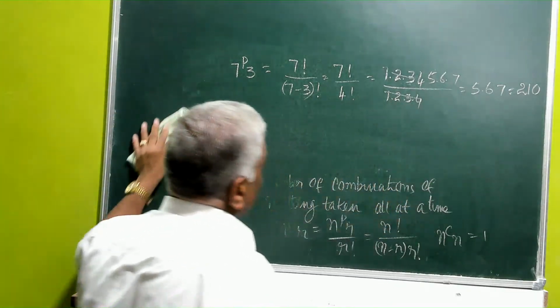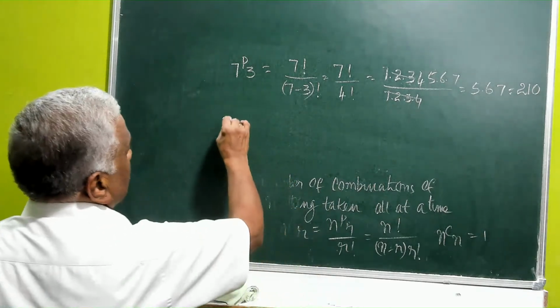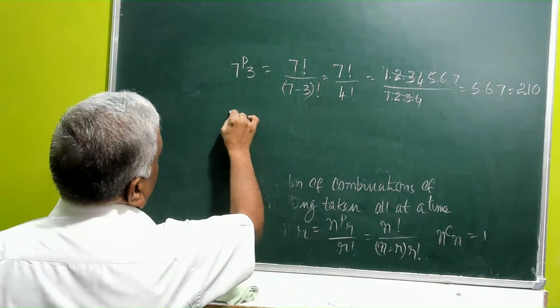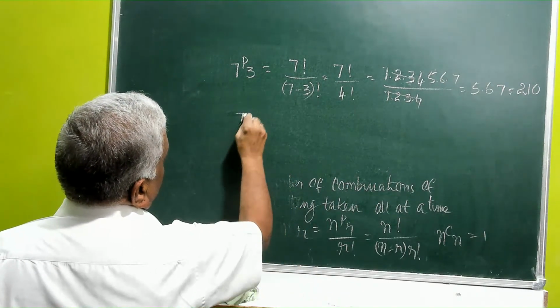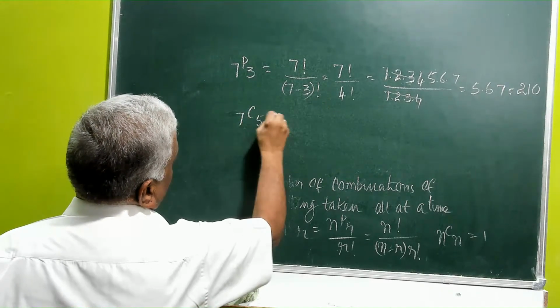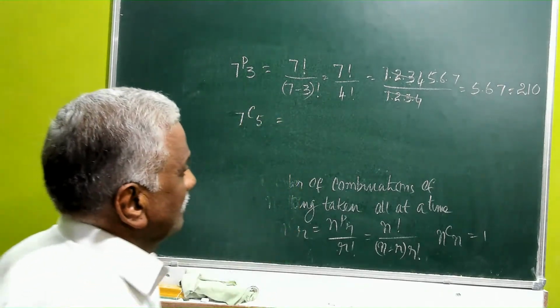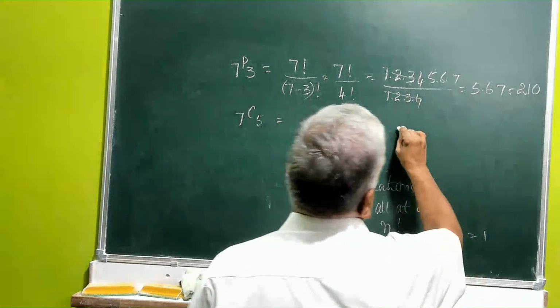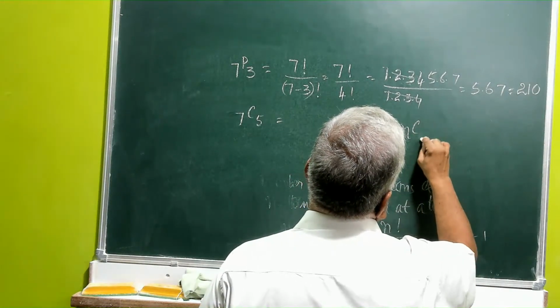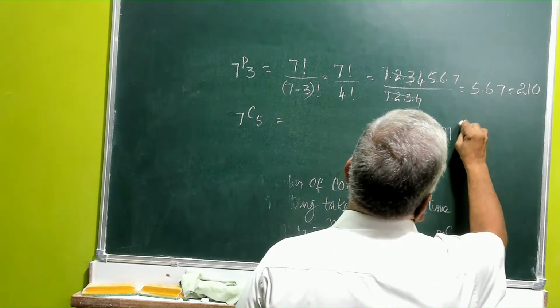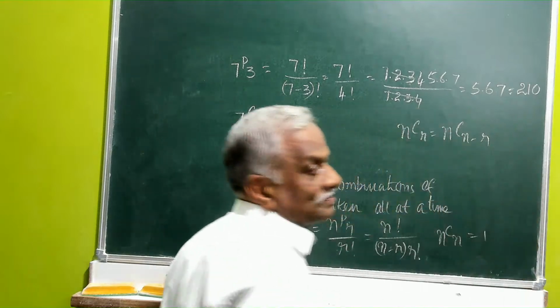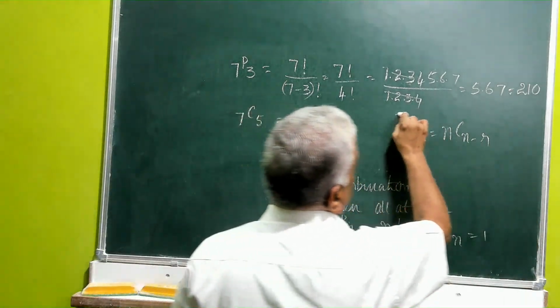I will teach you the simple way of finding nCr also. Supposing we want 7C5. See, for nCr, you need to remember this formula, this would help you. nCr is equal to nC(n minus r). A very important formula.